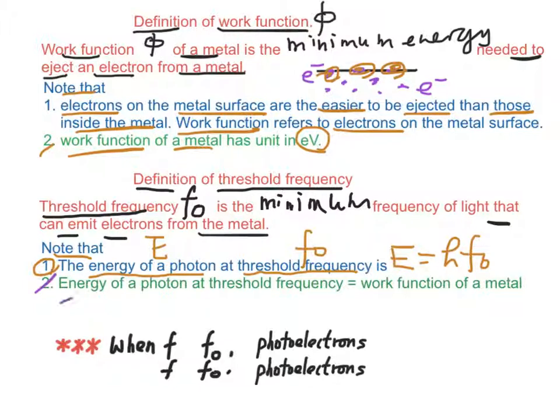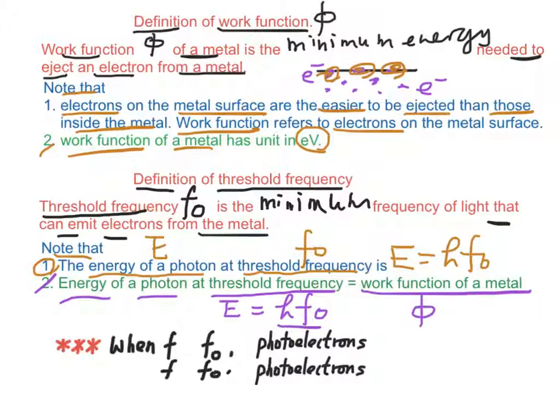Also, the energy of a photon at the threshold frequency is equal to the work function of the metal, that is, hf0 equal to phi.